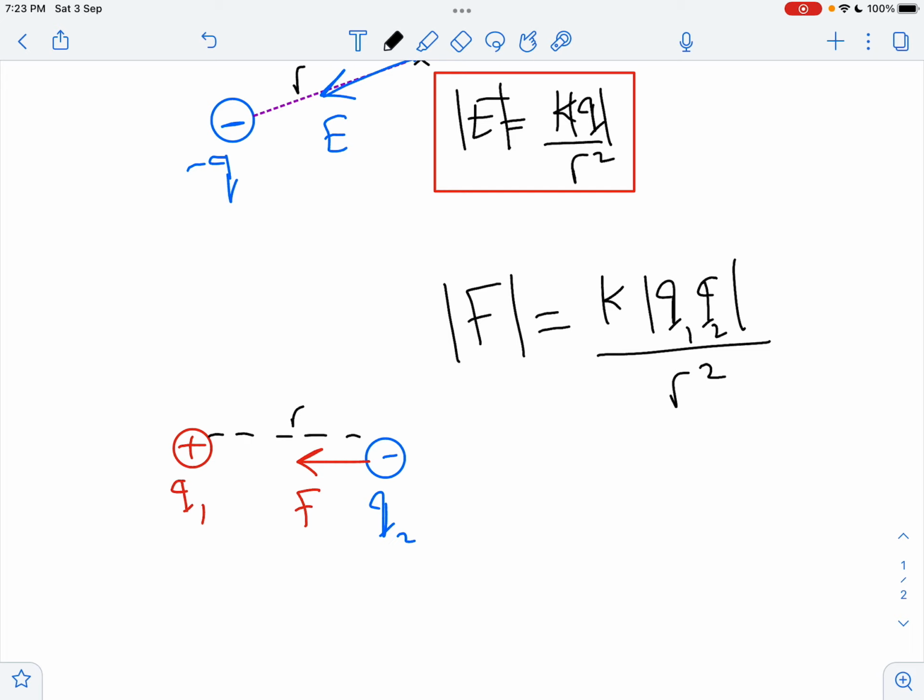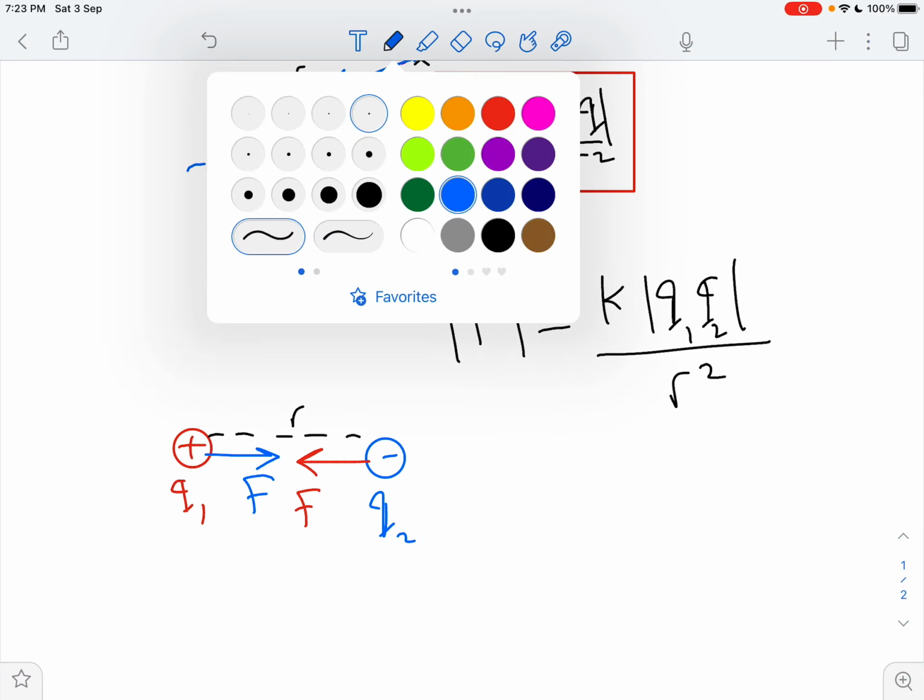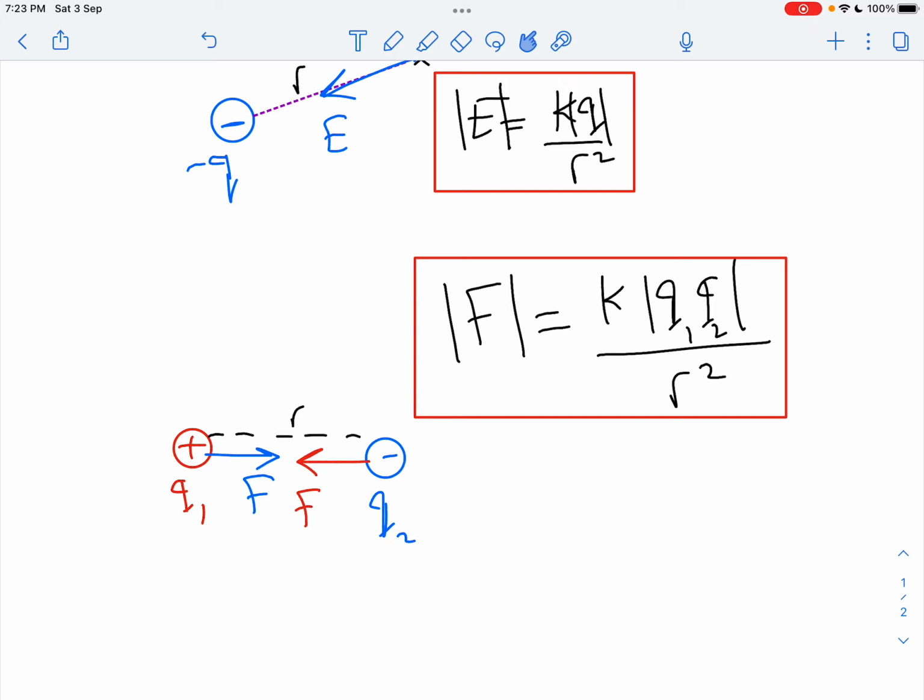And the negative charge will also exert an attractive force on the positive charge, which has the same value F, K Q1 Q2 over R squared. So we need two charges to have an electric force, while we need one charge to have an electric field.